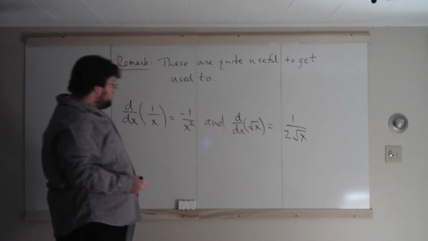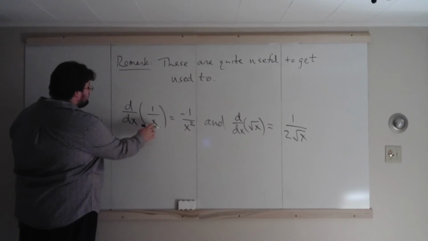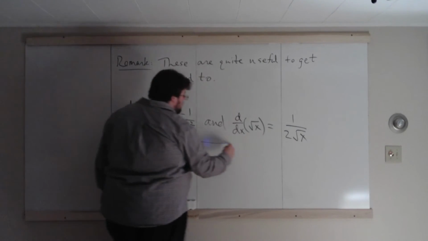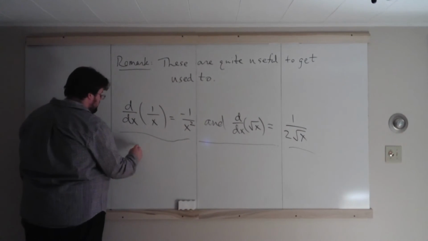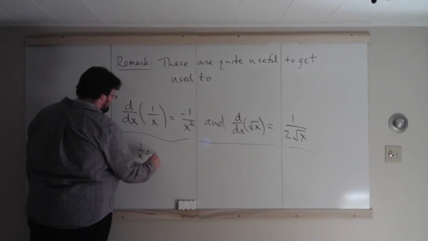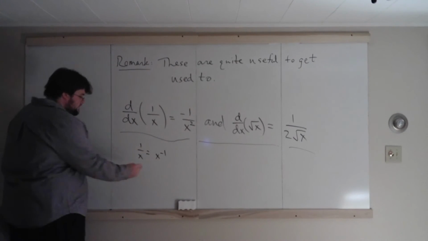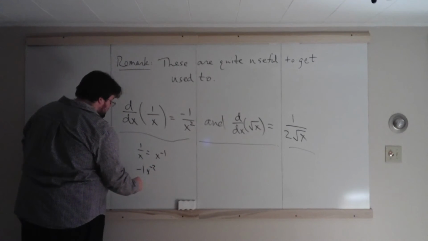Now, why am I saying these are useful to get used to? Well, how would you do the derivative of 1 over x? Well, 1 over x is x to the negative 1. So the derivative of that would be, by the power rule, negative 1, x to the negative 2.